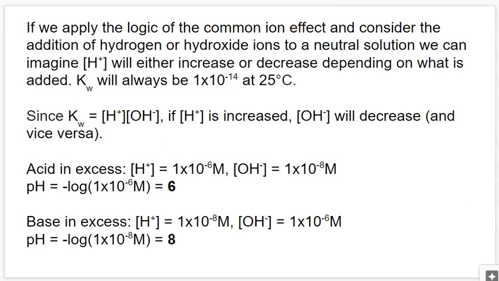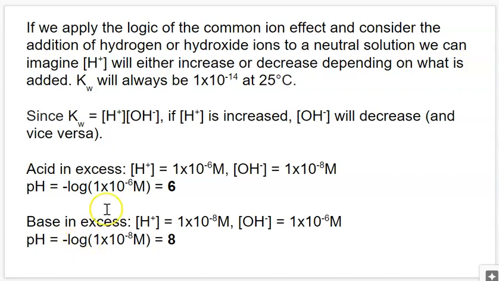So if we apply the logic of the common ion effect, remember that the common ion effect says that if we have a solution at equilibrium that has multiple ions in it, and if we add a new solution that has one of those same ions in it, increasing the concentration of that ion, it's going to decrease the concentration of the other ion.